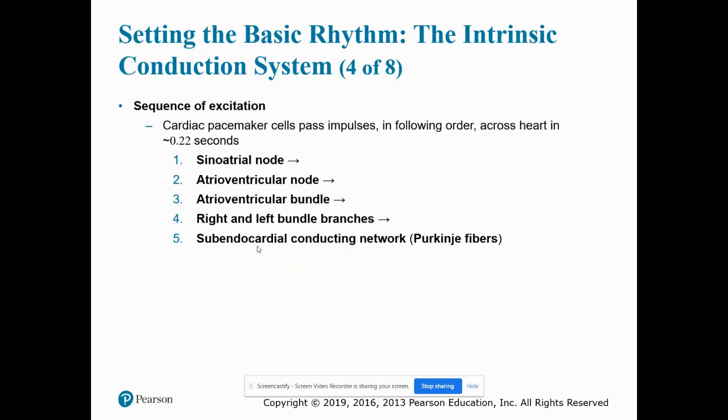All right, sequence of excitation. We're going to start out at the pacemaker of the heart, which is the sinoatrial node. And then from there, move to the atrioventricular node, then the atrioventricular bundle, then the right and left bundle branches, and then the subendocardial conducting network.